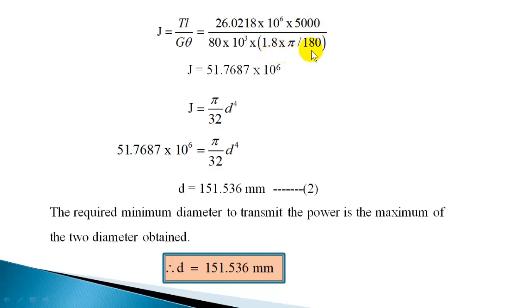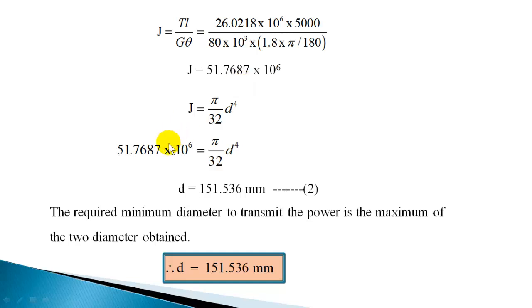You have to convert into radians, 1.8 × pi/180. Substituting that, you will get J as 51.7687 × 10^6. Now equate that J to the polar moment of inertia, which is pi/32 × d⁴.